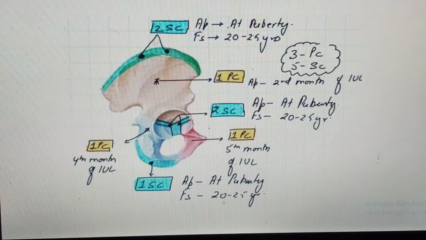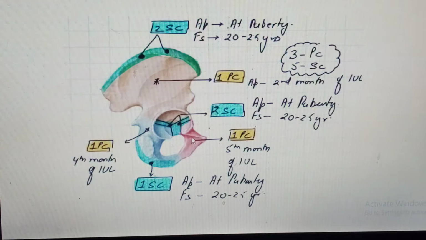The 2 secondary centers of the ilium will be on the iliac crest, and that one will appear around puberty, 12, 13, 14 years, and get fused by age 25. And then the secondary center that we are going to find on the lower aspect of the ischial tuberosity will appear also at puberty and get fused by age 25.